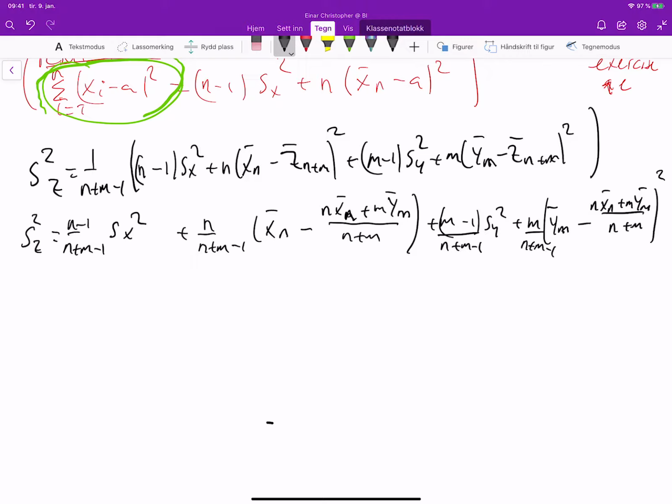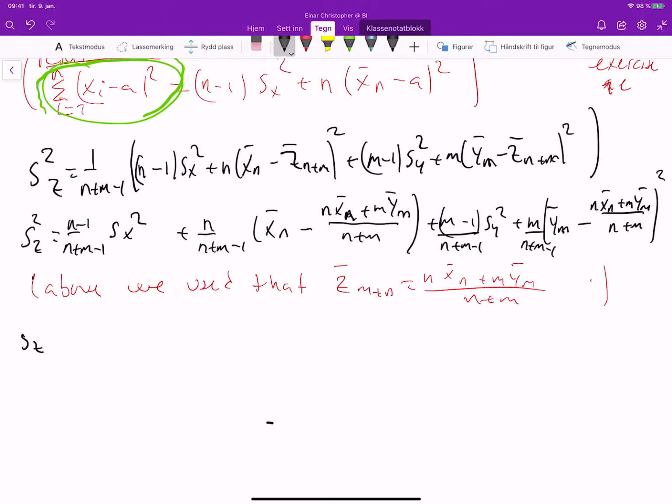And then we do as following. So let's write here, above, we used that set m plus n bar is equal n xn bar plus m ym bar divided on n plus m, like this. So then we can continue manipulating.